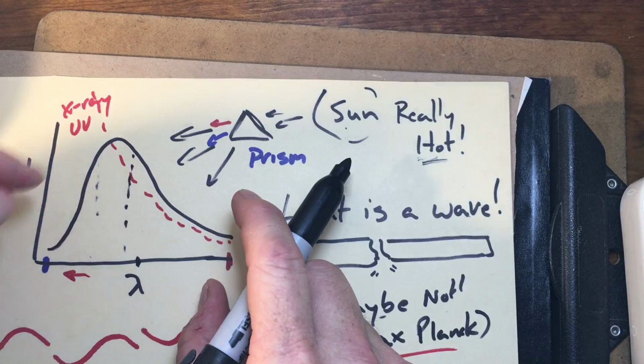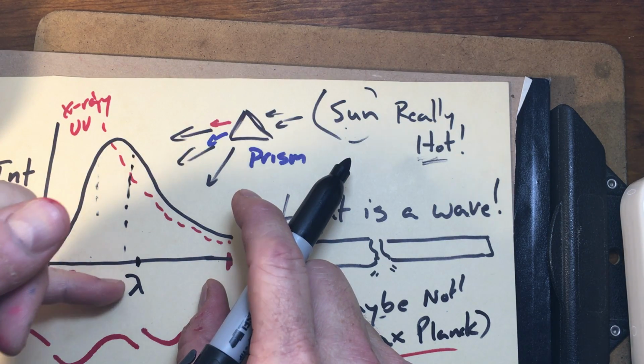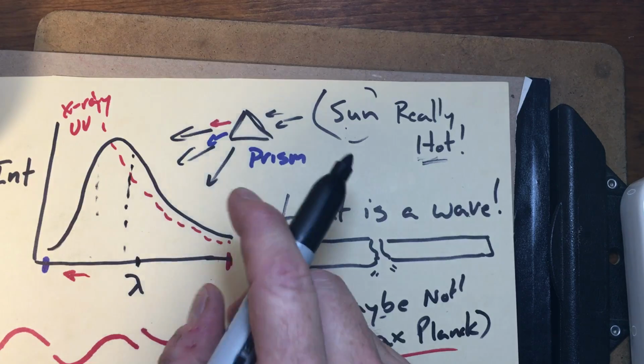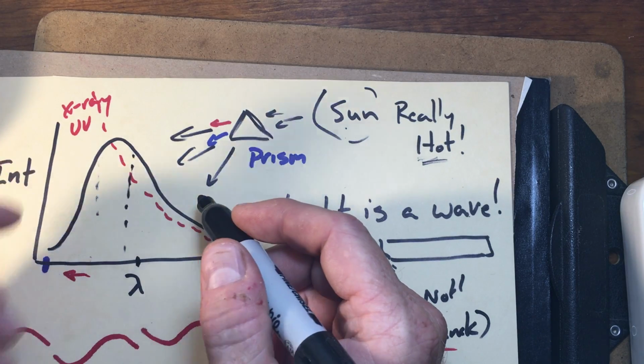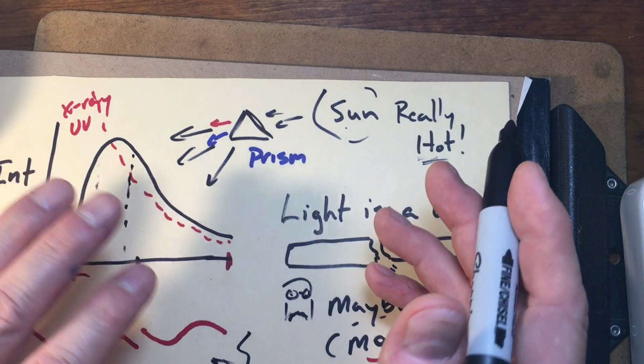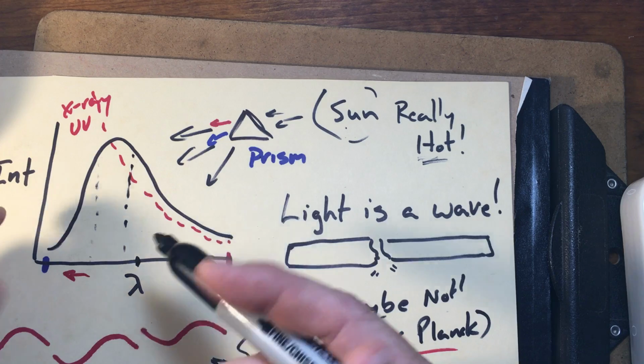So that's good. We need it. And we don't want a lot of X-ray light that has a very, very low wavelength. We don't want an intense amount of that, which hurts us, or UV A, B, or C. We don't want that either. And thankfully, the sun not only doesn't generate that much, we also have filtering of that high energy light.